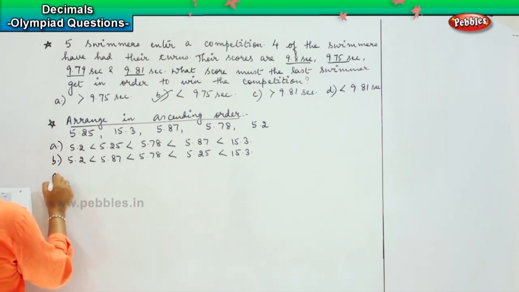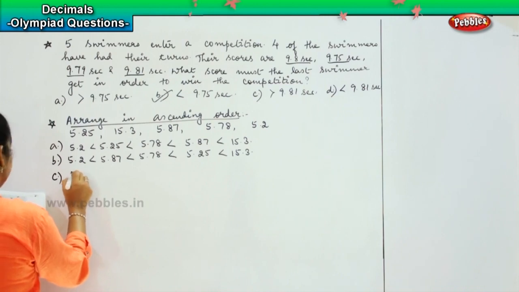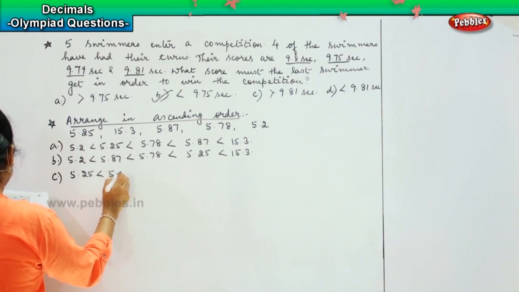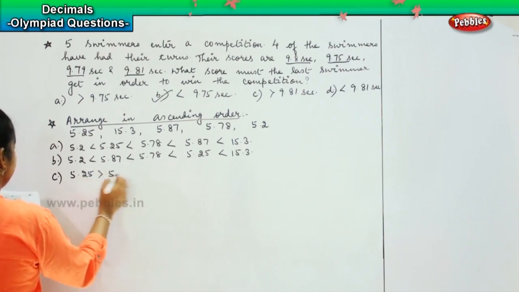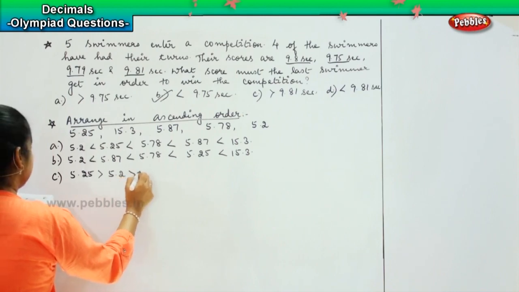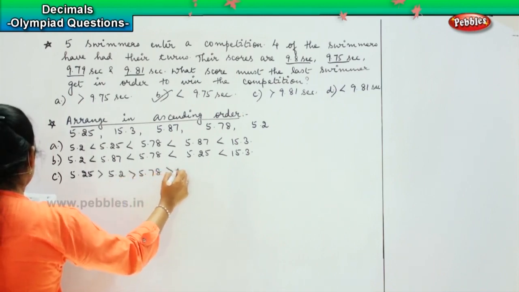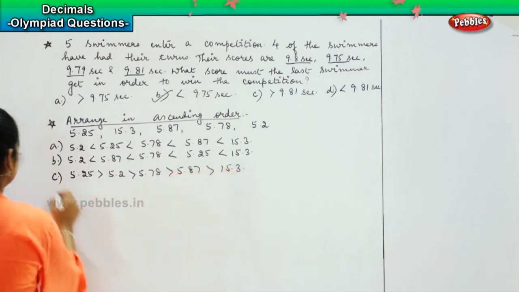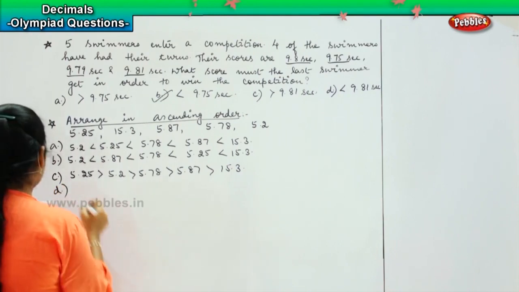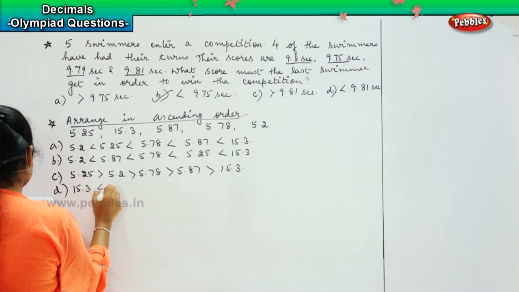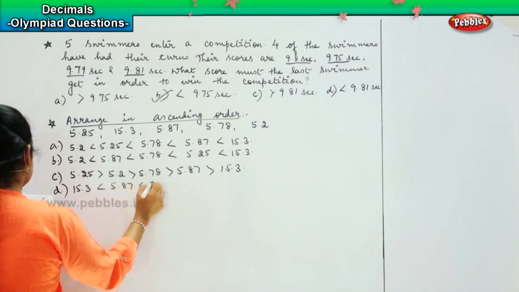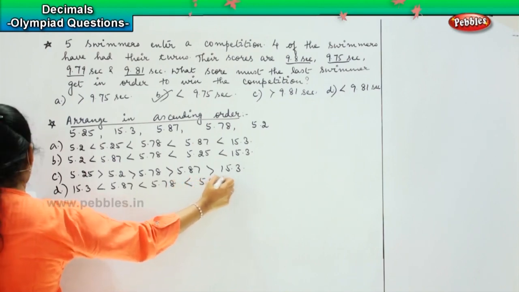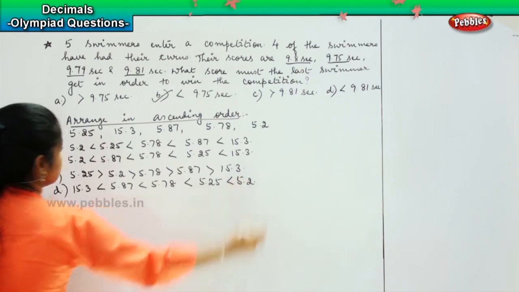The third one, 5.25 is less than 5.2, is greater than 5.2, is greater than 5.78, is greater than 5.87, is greater than 15.3. And the last option, 15.3 is less than 5.87, is less than 5.78, is less than 5.25, is less than 5.2.